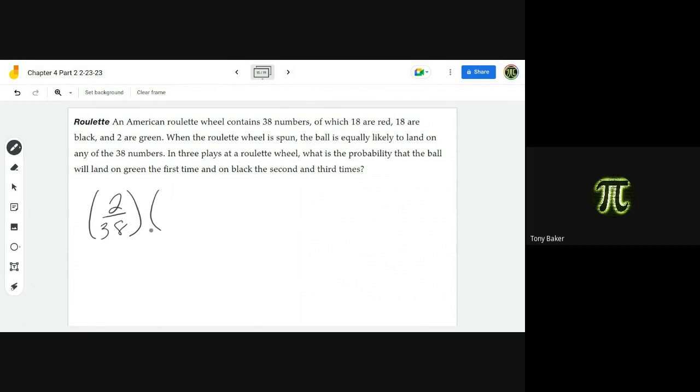What's the probability that I'm going to land on black? 18 out of 38. Not 1/2 because of the green. And what's the chance I land on black again? 18 out of 38.